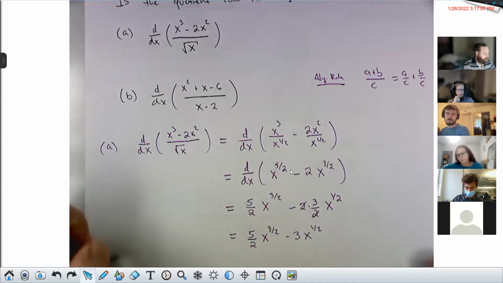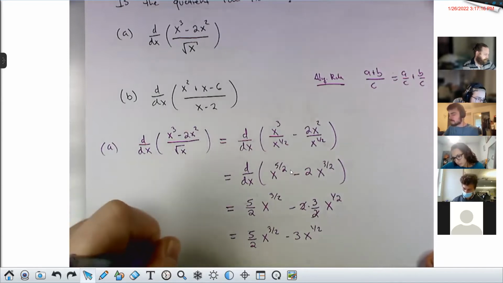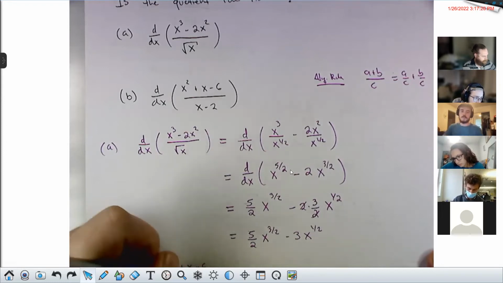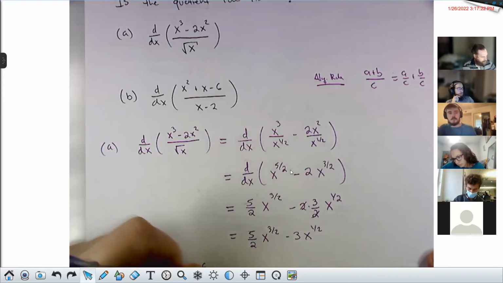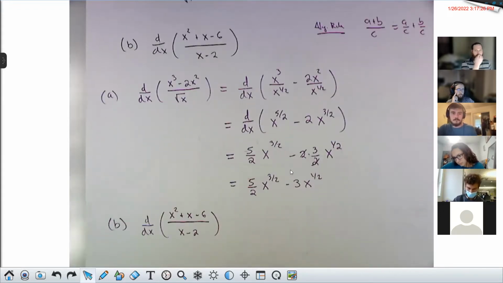What about part B? Is there any? Factor out the top.